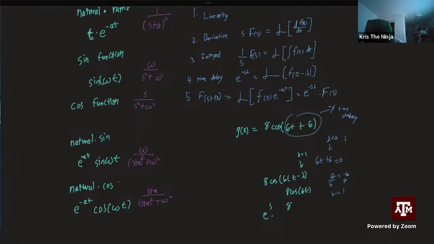You'll have 8 s over s squared plus 36, and that 36 comes from the 6t.